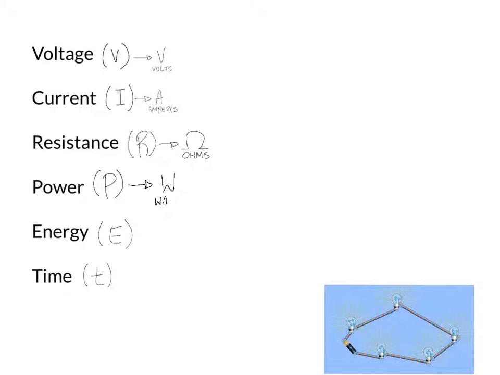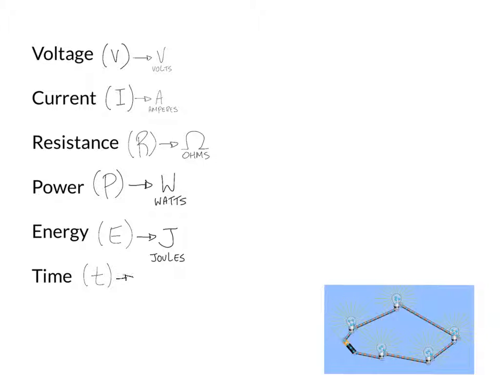And we write this down as W-A-T-T-S, watts, or a watt. And energy is measured in something called joules, or capital J, and be careful with the spelling of this, J-O-U-L-E, a joule, or if it's plural, joules.